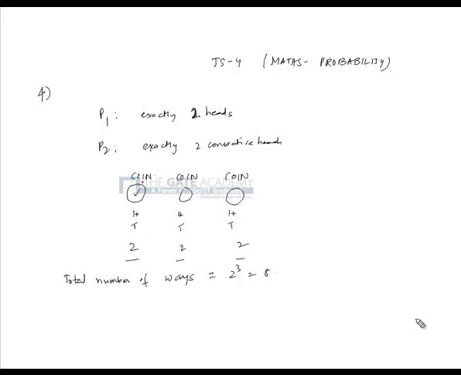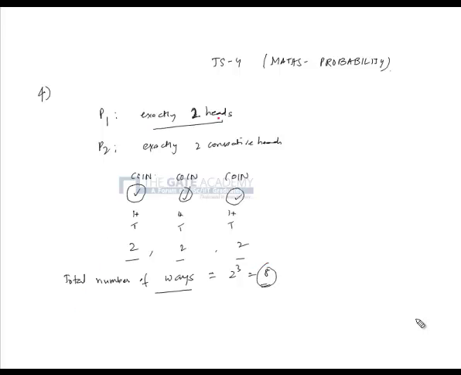A coin is thrown, first coin, then the second coin, and the outcome of each coin is independent of the outcome of the other coin. So these 3 are independent, and therefore you can multiply the total number of ways. The total number of ways for each is 2, 2, 2, and therefore the total number of ways for all the 3 is 8.